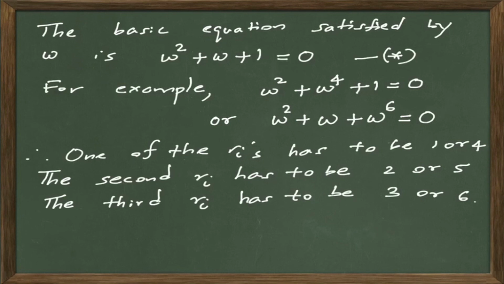Therefore, there are two possibilities for each Ri, and since they are distinct, they can be permuted among themselves in 6 ways. Therefore, the cardinality of the number of events is equal to 2 cube into 6.